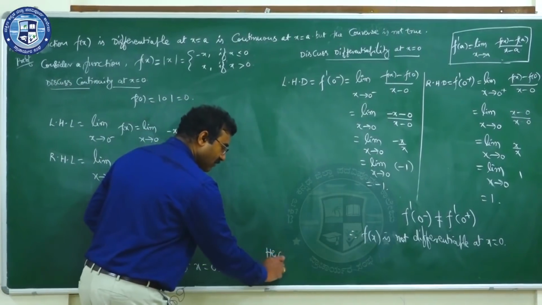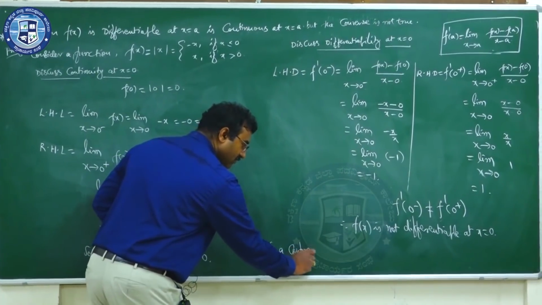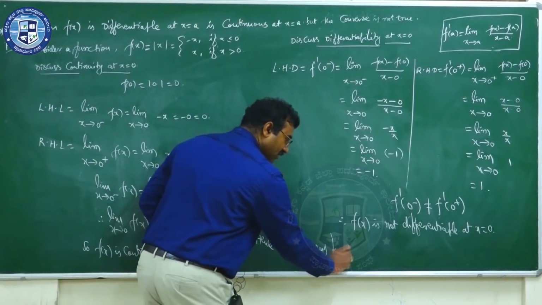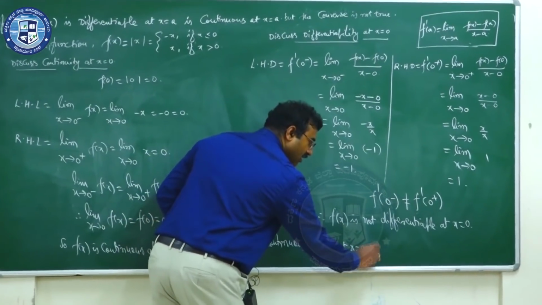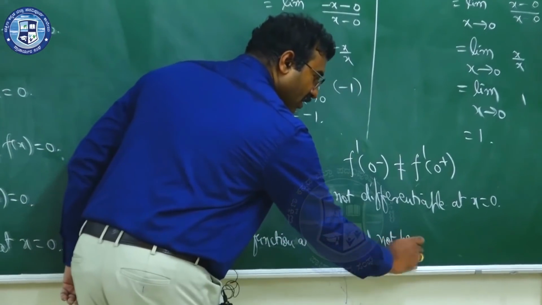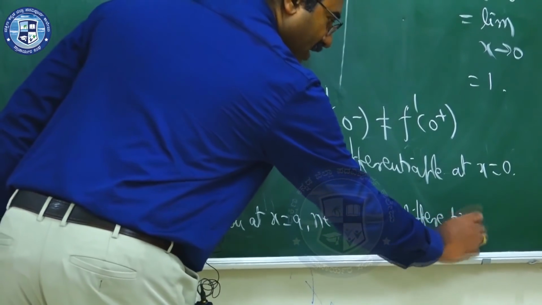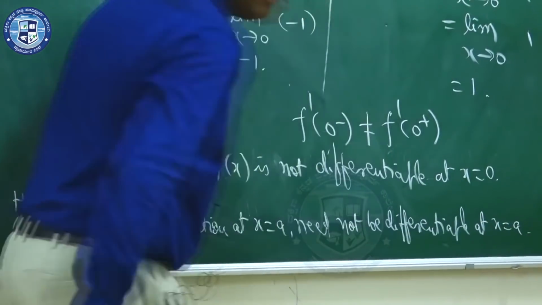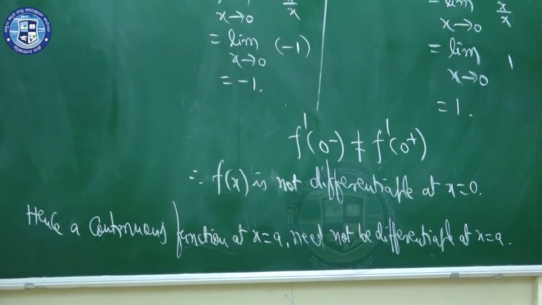Hence, a continuous function at x equal to a need not be differentiable at x equal to a, right. So, it is one of the important theorems for 5 marks.